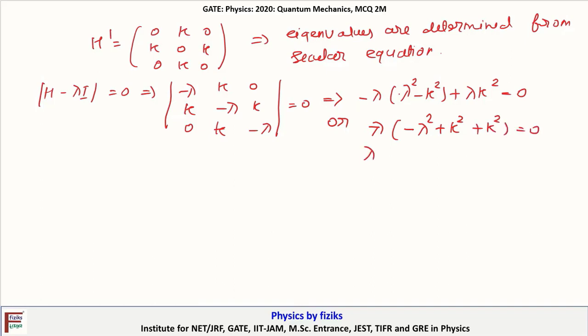So lambda is having value 0, or minus lambda square plus 2K square equals 0. So lambda has value plus minus root 2 K.